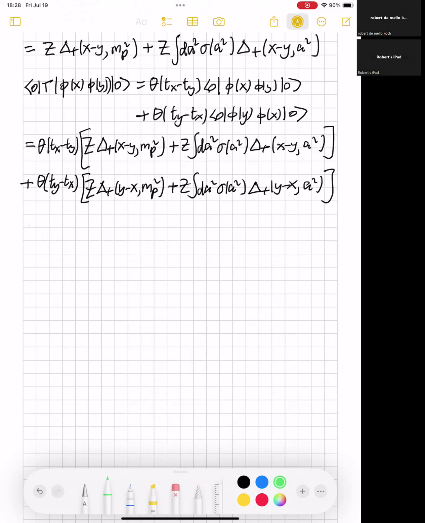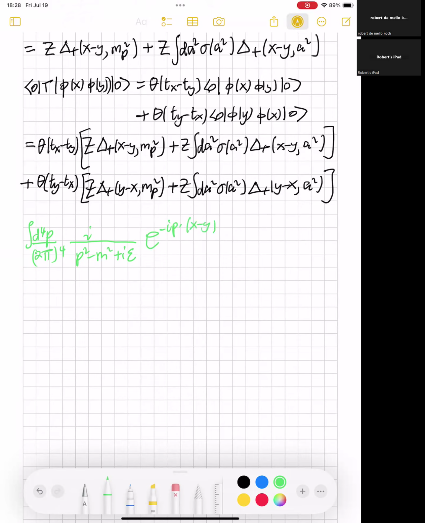We studied the integral d^4p over (2π)^4 of i over p² minus m², with Feynman's iε prescription, and an e^{-ip·(x−y)}.